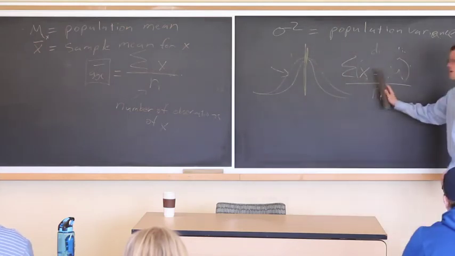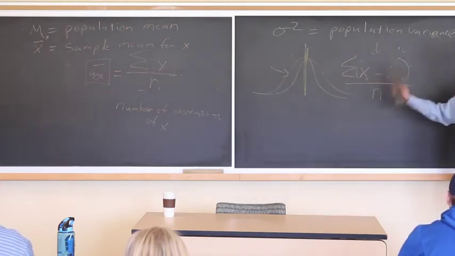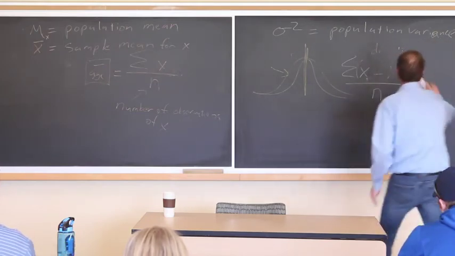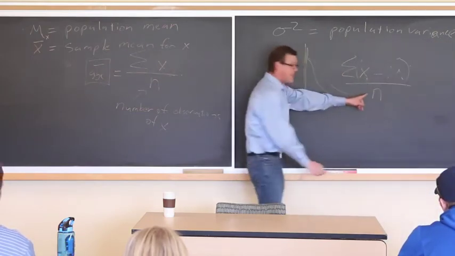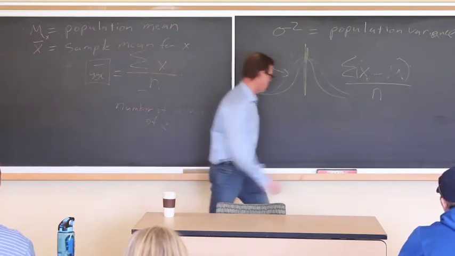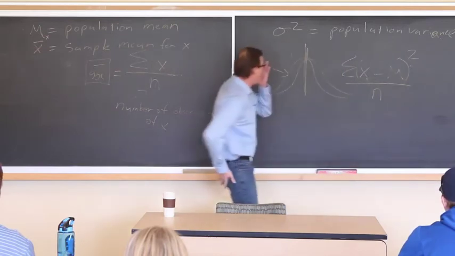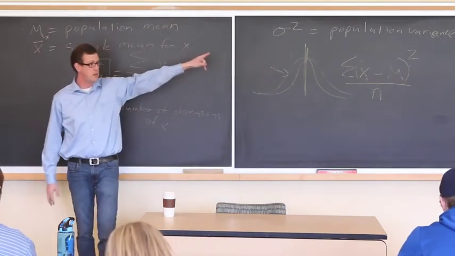So whether the deviation is positive or negative, if you square it, it will be positive, which means this will be non-zero. So this is the formula for the population variance.